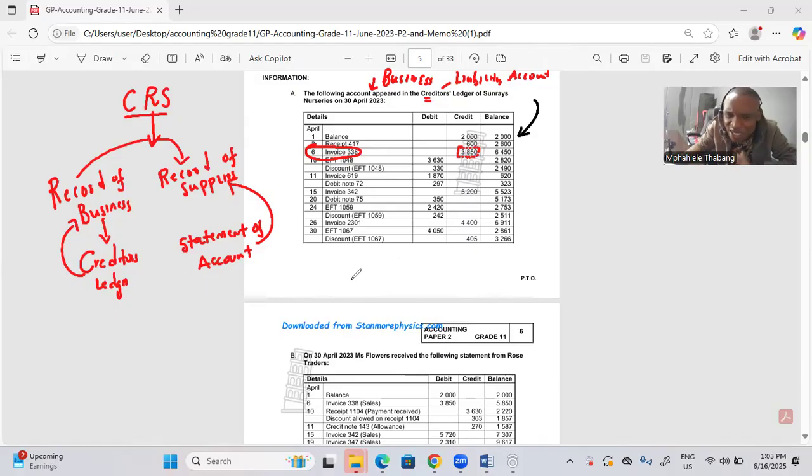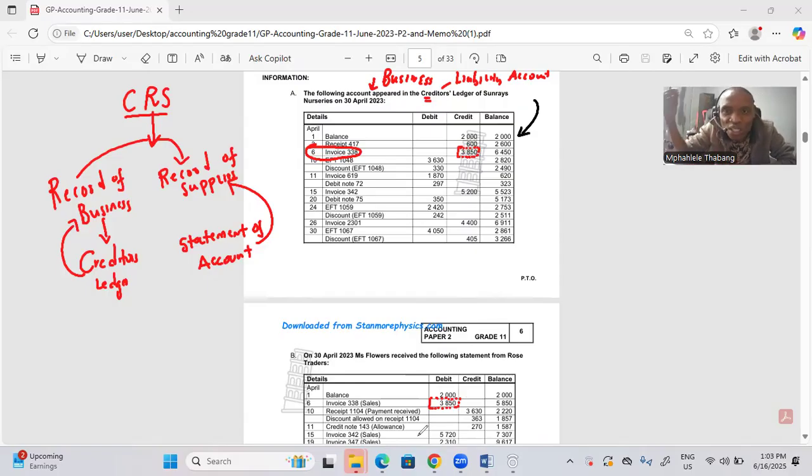So the same transaction must also be recorded in the statement of account. 3,850, it is there, on the debit side. So this implies that no mistake was made regarding 3,850. Both parties recorded it accurately.